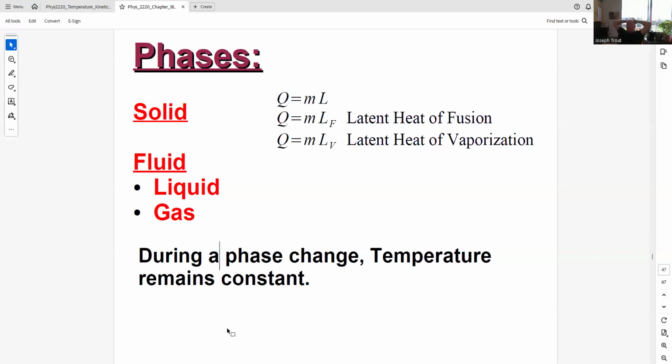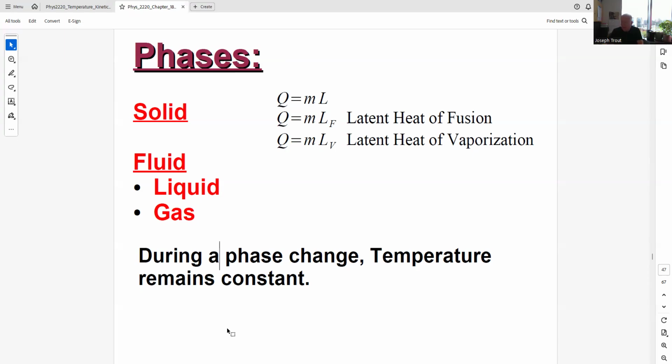So as long as you keep ice in that ice bath, it's going to stay at 0 degrees. The same way if it's water and steam, as long as there's water and steam, then it'll stay at 100 degrees. And if you contain the steam and keep heating it, once all the water's gone, then the steam heats up. And the steam gets much hotter than 100 degrees.